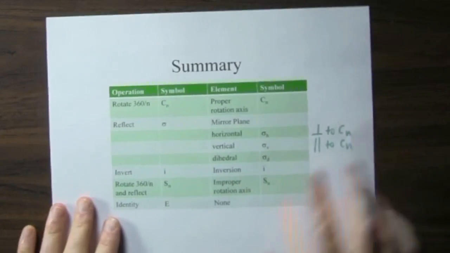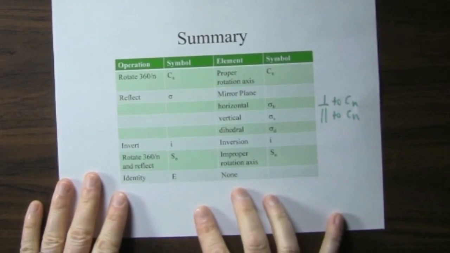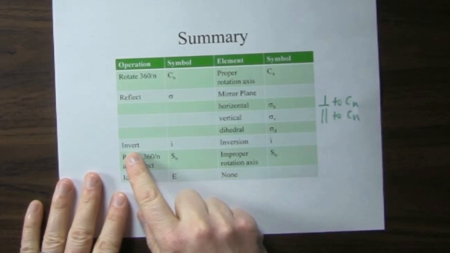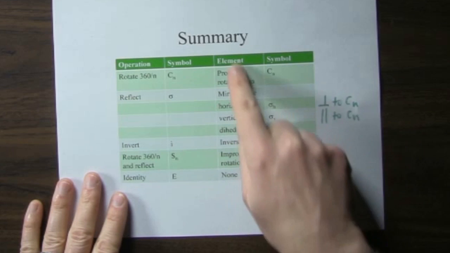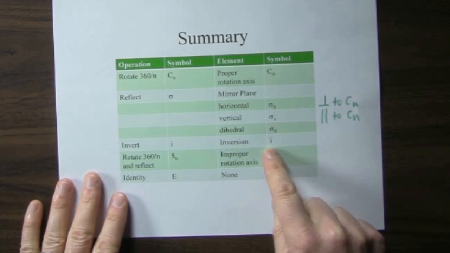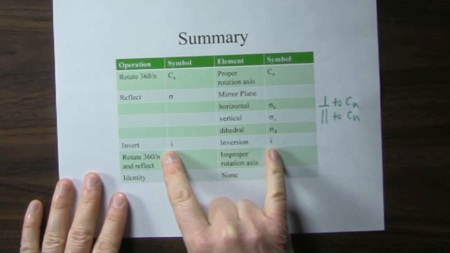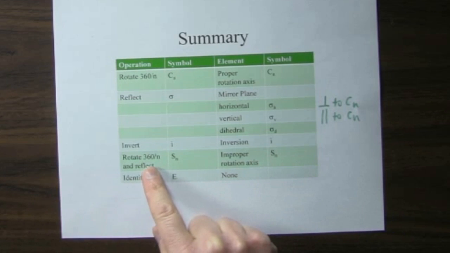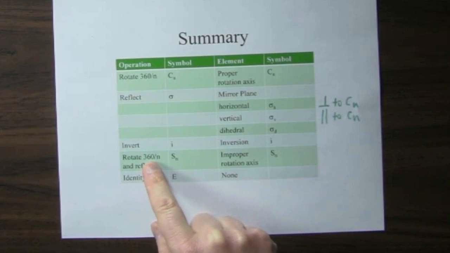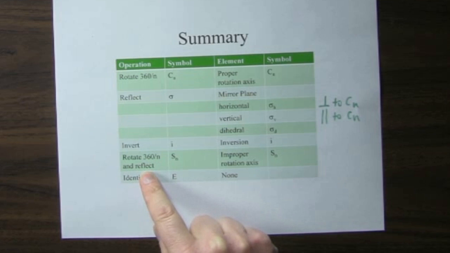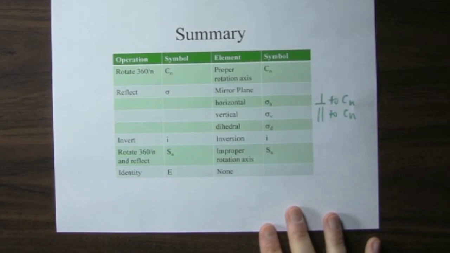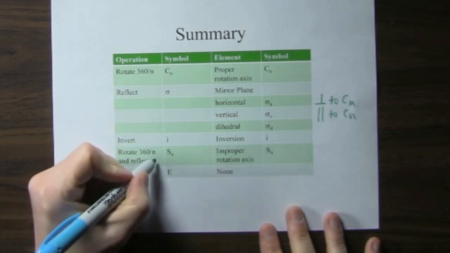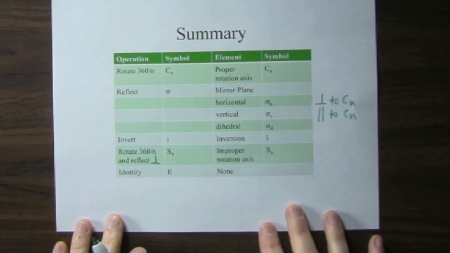Okay, so another operation is inversion, or to invert the molecule around a center, and that would be the element, the inversion center. They both operation and element have the symbol i. Another operation would be to rotate and then reflect in a way that's perpendicular to the rotation you just did. So let's write that, reflect perpendicular.